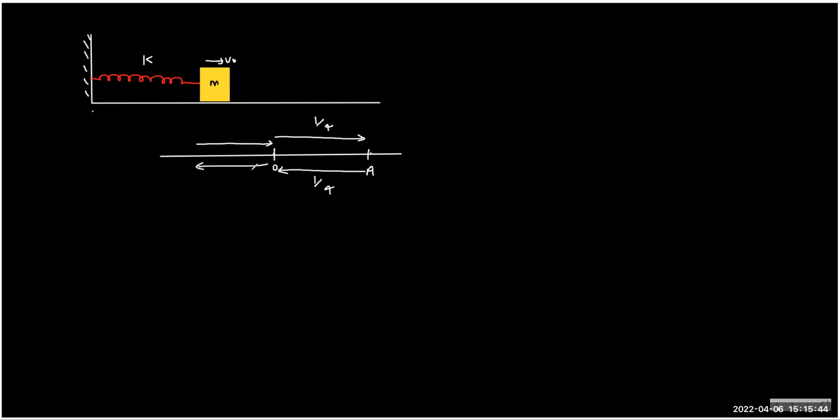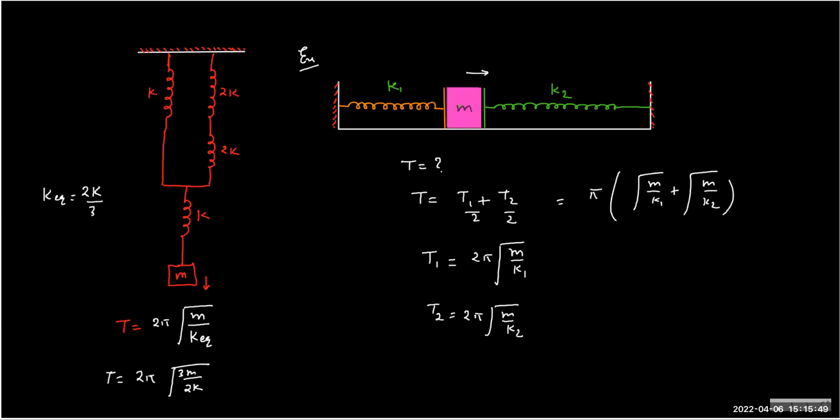Now if you look at this scenario, the block goes from here to the extreme, then comes to the mean. How much oscillation? Half of it. But while going towards the left, you change the spring, and you again do half oscillation with K1.